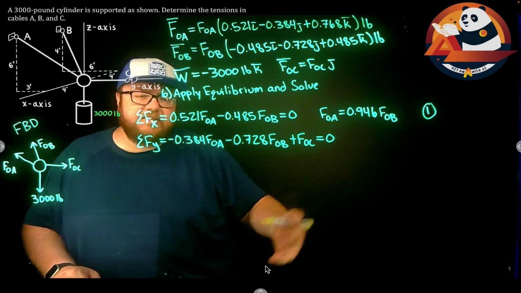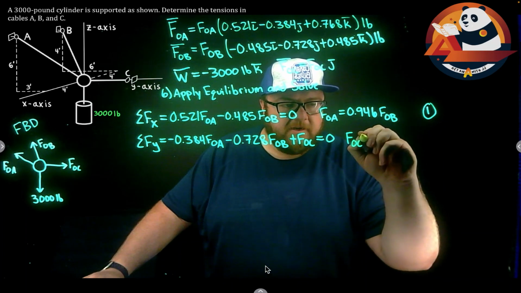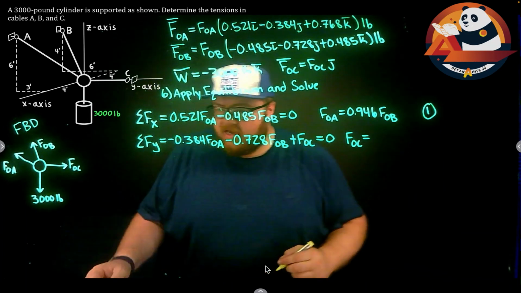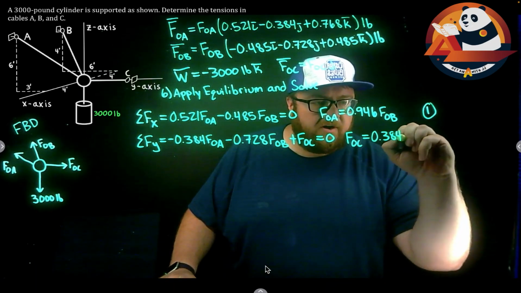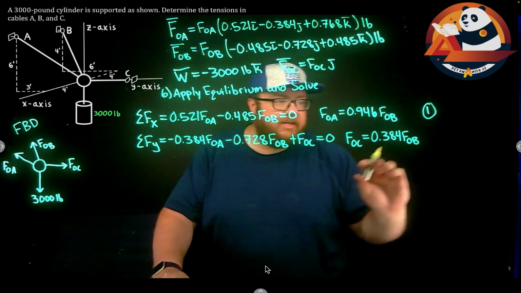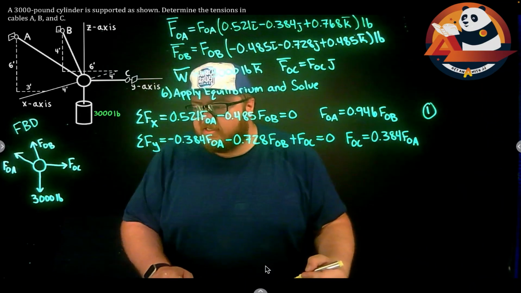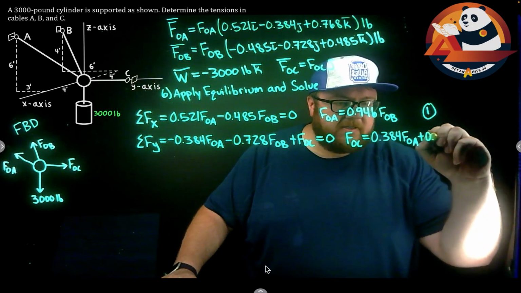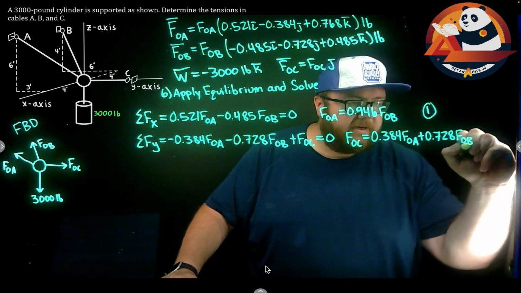So we can set this equal to 0. Let's go ahead and get an FOC equals statement out for this one. FOC equals, and I'm just moving the 2 negative pieces to the other side to accomplish this. FOC is 0.384 FOA plus 0.728 FOB.